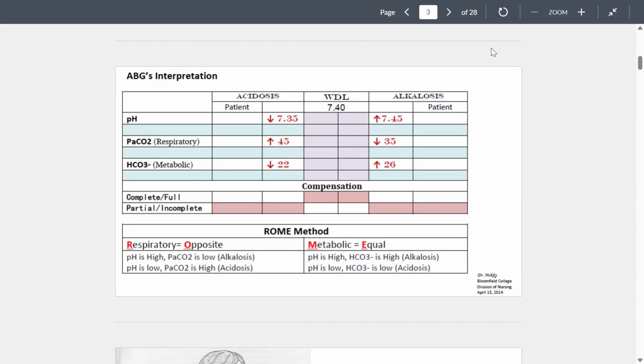I believe if you jot down these 3 statements, you'll be able to answer all ABG questions, because that's the summary of all the different types of compensation. But there will be 1 or more questions on compensation.